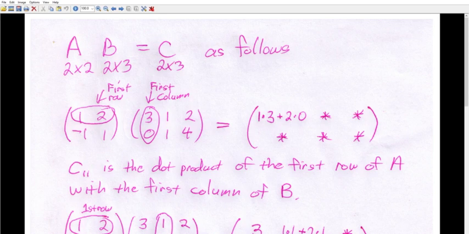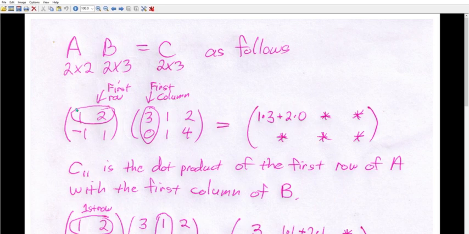as follows. The 1, 1 entry in C is going to be the dot product of the first row of A with the first column of B. So we think of that first row as a vector with 2 components. We think of this first column as a vector with 2 components, and we dot the 2 of them.